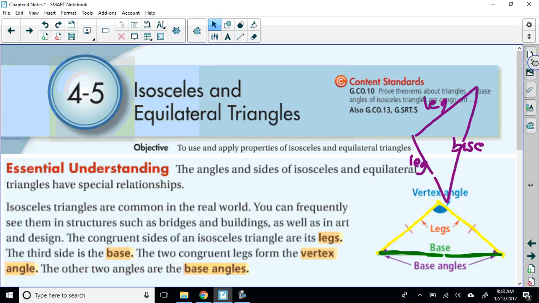Since we're familiarizing ourselves with these terms, you could probably guess that we're going to be saying something about these parts. By definition, since we're dealing with an isosceles triangle, the legs are congruent.